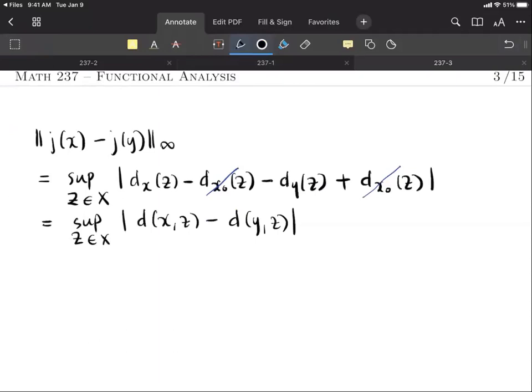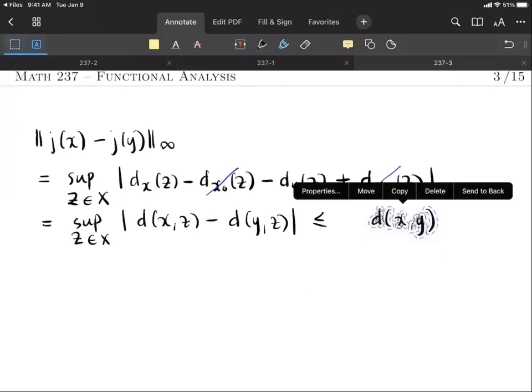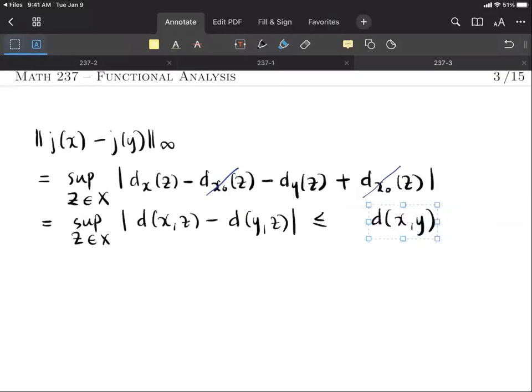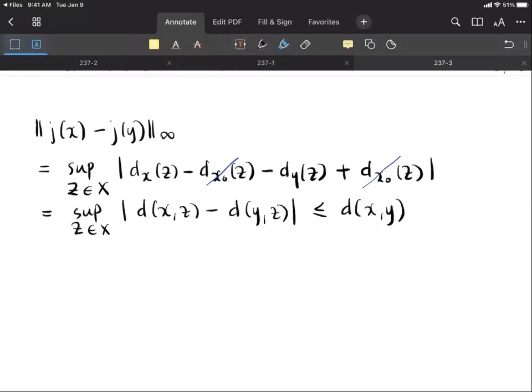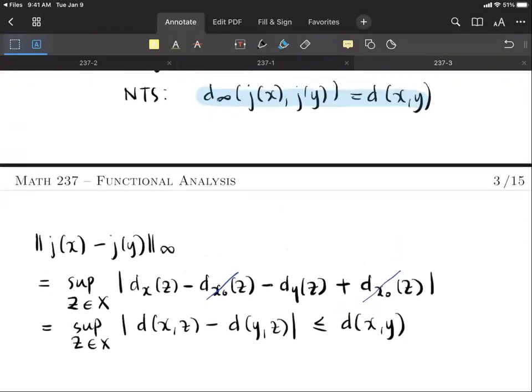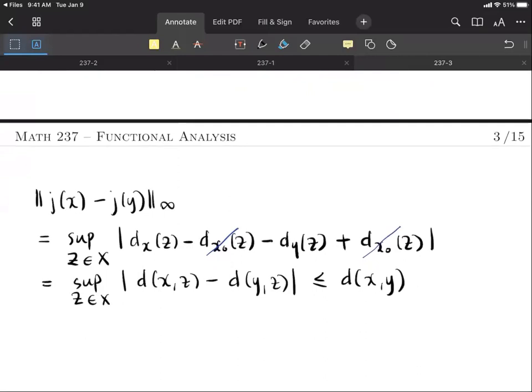And by the triangle inequality, it can be shown that the absolute value is less than or equal to the distance between x and y. And of course, this is now independent of z, hence the supremum would be the same. So that's one inequality. We want to prove the reverse inequality.